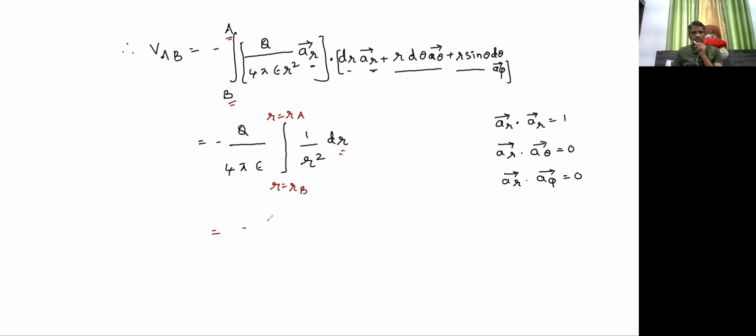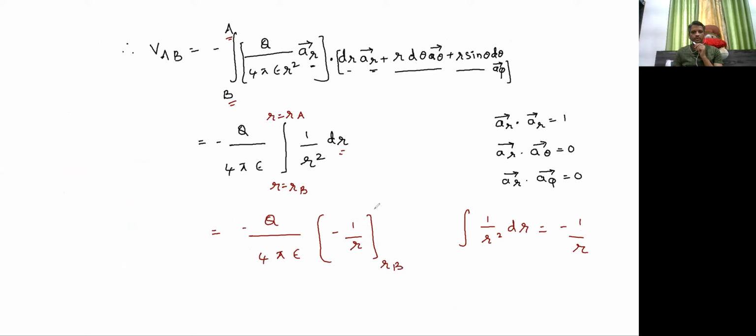So what is left is Q by 4 pi epsilon into integral of 1 by R square dr will be absolutely minus 1 by R. So it is minus 1 by R. The limits are from RB to RA. If you bring this minus outside, that's minus into minus will become plus.